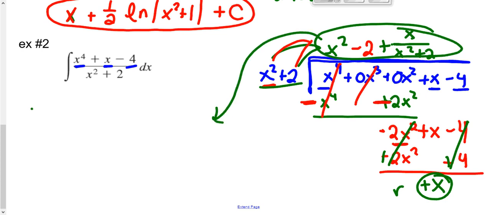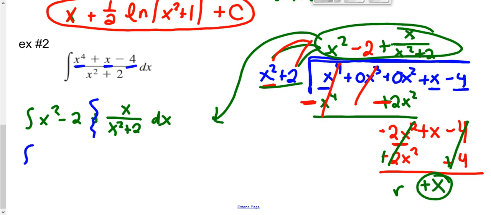So now we are integrating x squared minus 2 plus x over x squared plus 2 dx. I'm going to split this up where I see I am going to have different rules going on. So I'm going to have the integral of x squared minus 2 dx plus a different integral with this fraction.